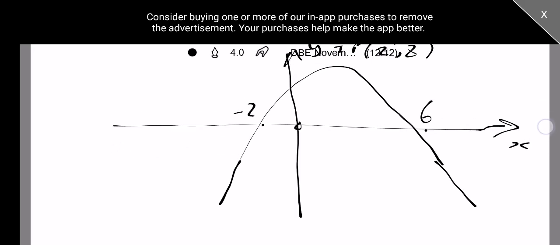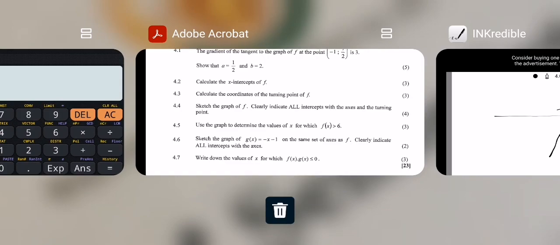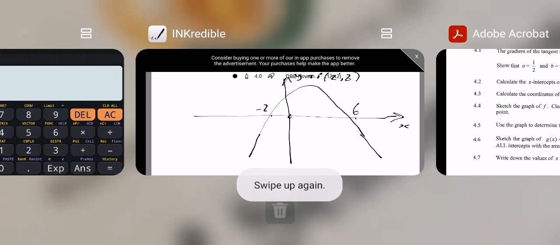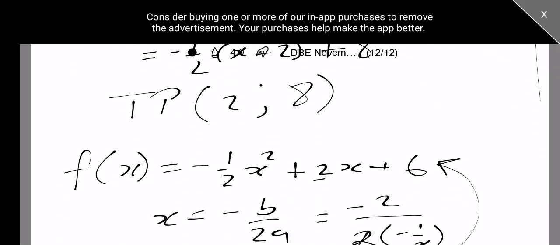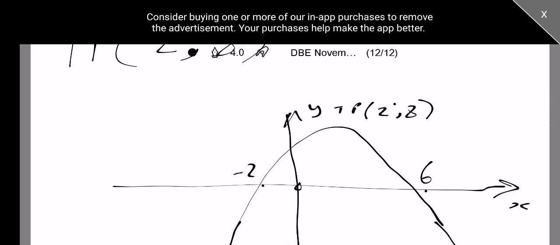Okay, and then let me just quickly go back to the equation. Clearly indicate all intercepts with the axis and turning points. What are we left with? We've got the x-intercepts, we've got the turning points. Now we're left with the y-intercepts. Remember, in the first question I solved for the y-intercept, even though it wasn't asked for in the question.